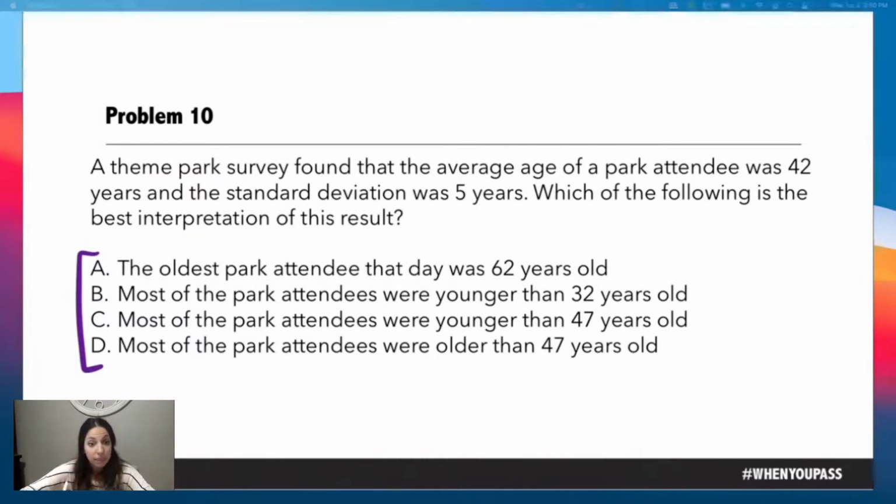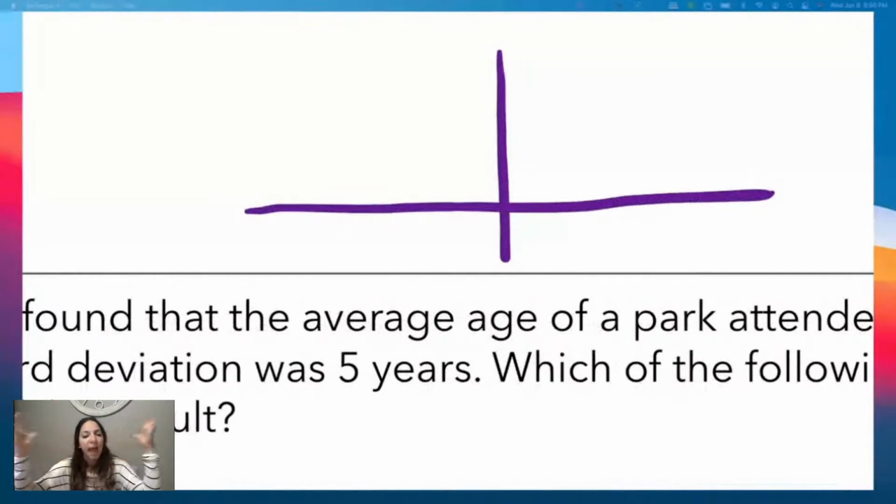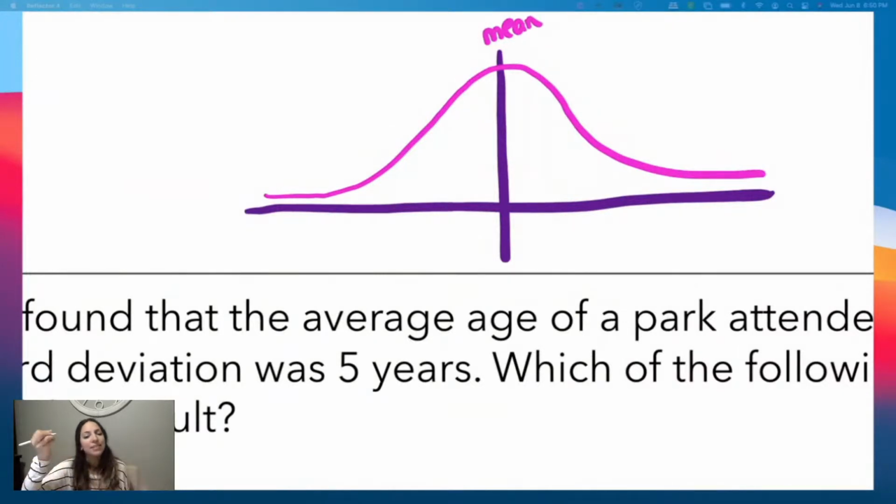A very quick statistics lesson on standard deviation. Standard deviation is the spread of data. And so if I'm looking at the normal bell curve of data, where this is my mean or my average, a standard deviation says that from that average, I can have 1 standard deviation away, 2 standard deviations away, 3 standard deviations away, and so on.